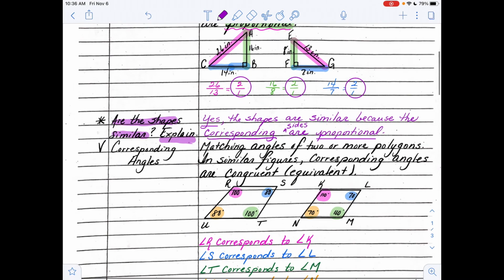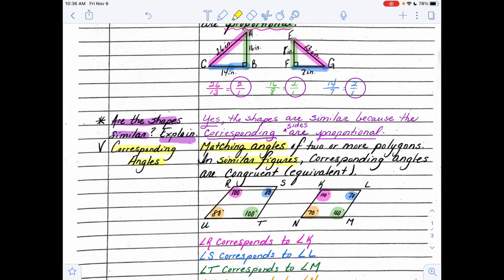Now, very similarly, we have corresponding angles. Again, corresponding angles are matching angles of our 2 or more polygons. And just like in similar figures, if they really are similar, the corresponding sides would be proportional.